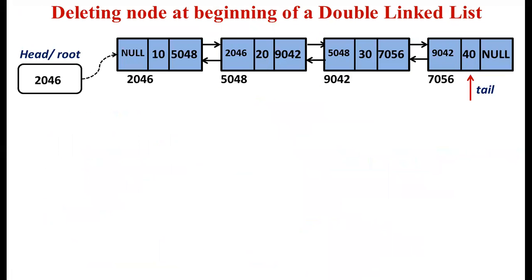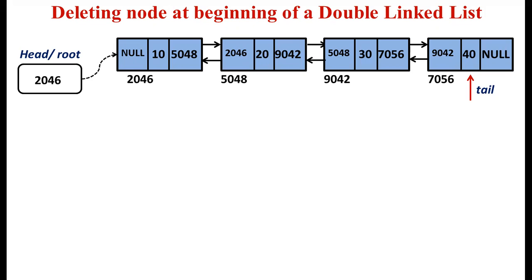Now let us see how to delete a node from a double linked list. Here also we have three cases. Let us take a double linked list with the root variable pointing to the first node. This is the list we are considering, with 4 nodes in it.